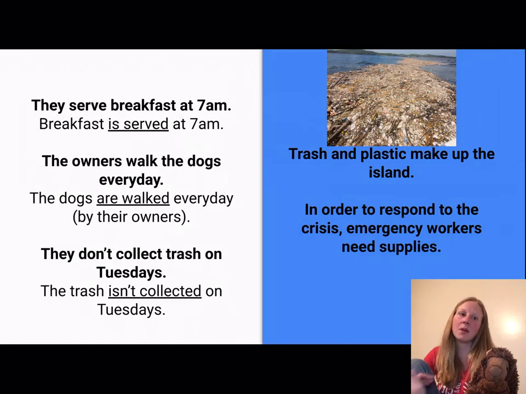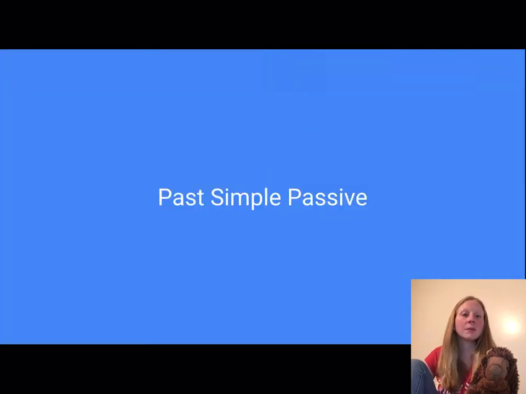Let's look at the second part of that sentence. Emergency workers need supplies. So if the thing that's most important are the supplies that are needed, then we would say that supplies are needed by emergency workers. And then you could say, in order to respond to the crisis. Okay? Supplies, being the object, the thing that's most important, are needed by the emergency workers.